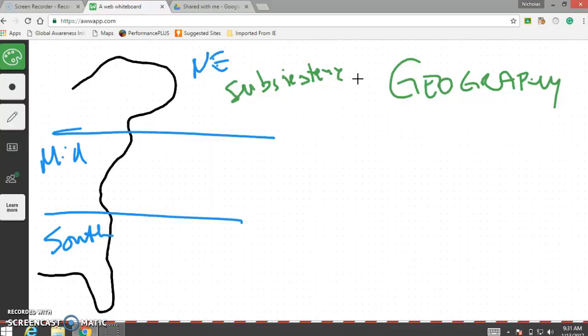So instead, New England developed what we call a craft economy. So New Englanders made stuff, okay? And what kind of stuff did they make? Well, they trapped and killed animals, and they made fur pelts out of them, and they participated in the fur trade.